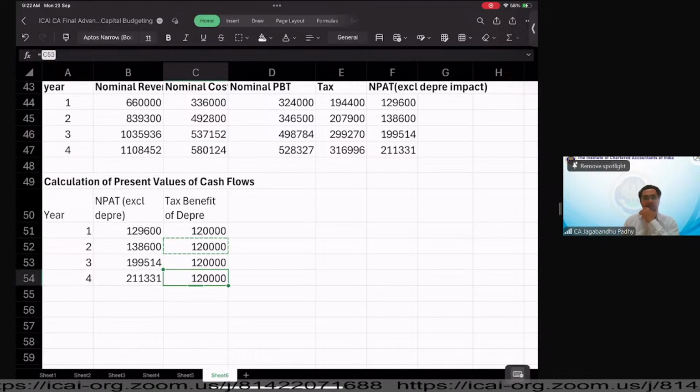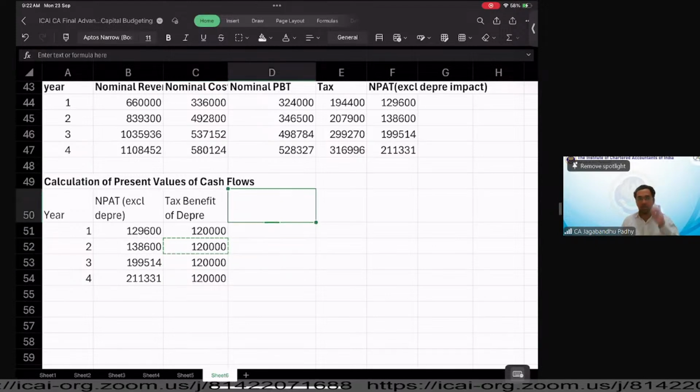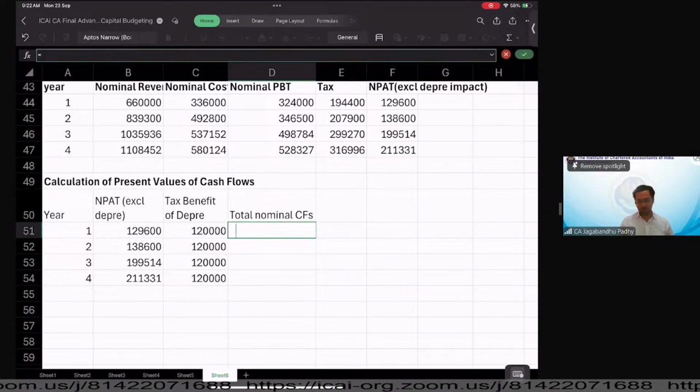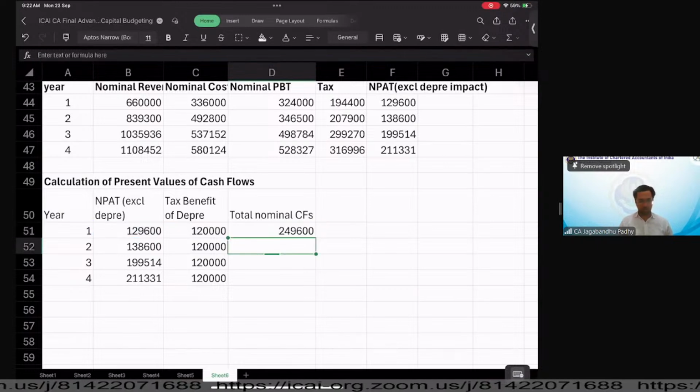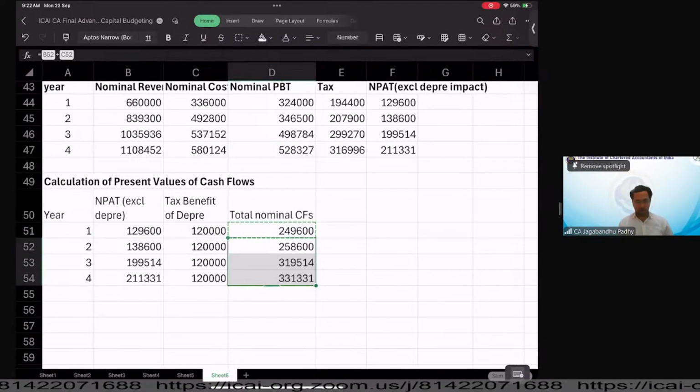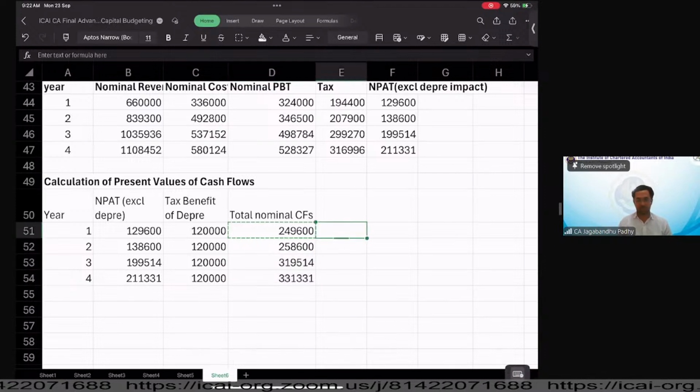That's the tax benefit of depreciation. So we'll say now total nominal cash flows. This will be just the total of the impact and the tax benefit of depreciation.